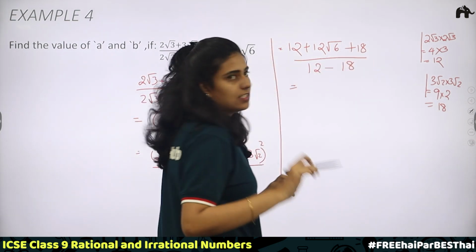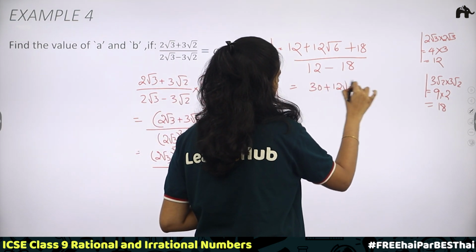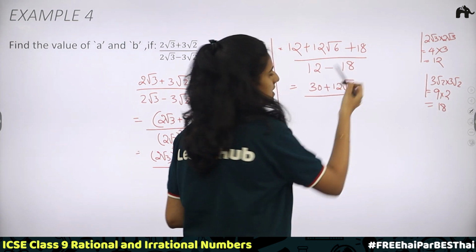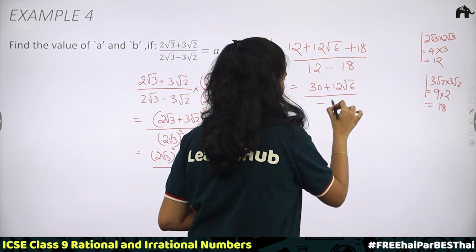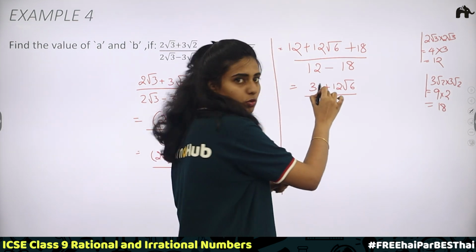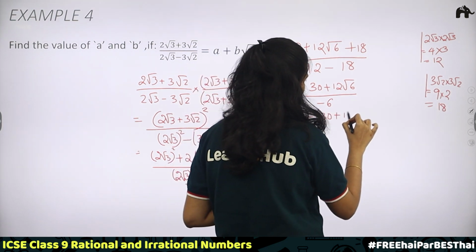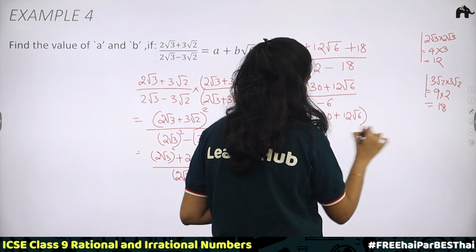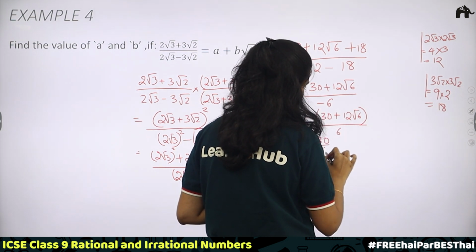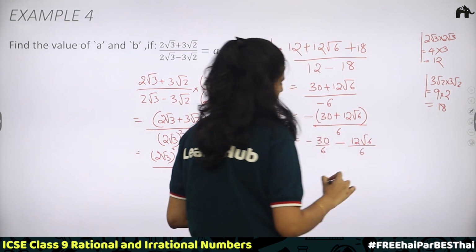12 plus 18, how much do we get? 12 plus 18 is 30, plus 12 root 6, divided by 12 minus 18, which is minus 6. So, when there is a negative sign in the denominator, you can take it to the numerator. This becomes minus 30 plus 12 root 6 divided by 6, that is minus 30 by 6 minus 12 root 6 divided by 6.